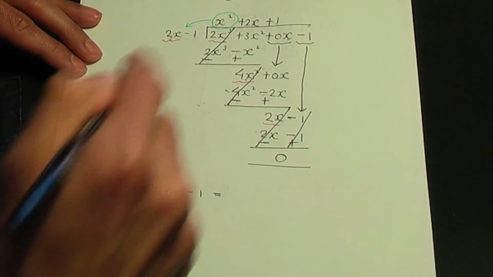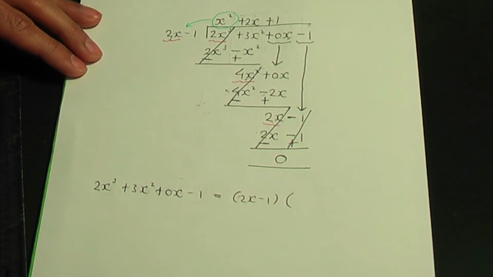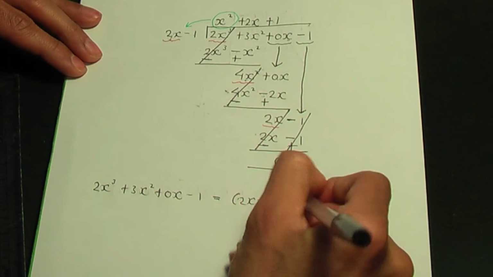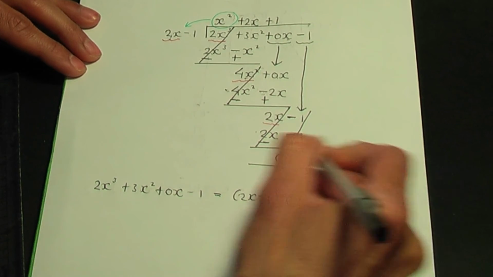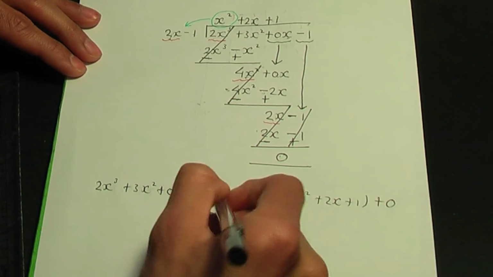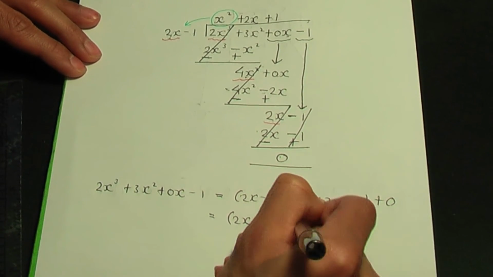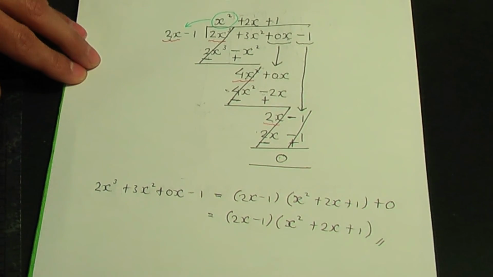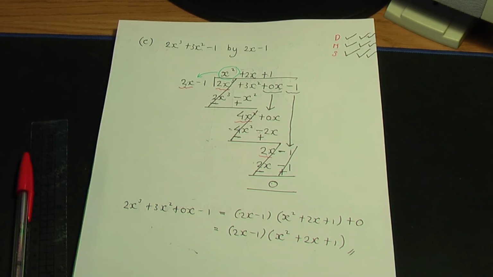That is the same as the divisor, which is 2x minus 1, multiplied by the quotient or quadratic factor, x squared plus 2x plus 1, plus our remainder, which is 0. Since we have 0 remainder, let's ignore it. So 2x minus 1 into x squared plus 2x plus 1. So this should be the solution to part C. Okay?